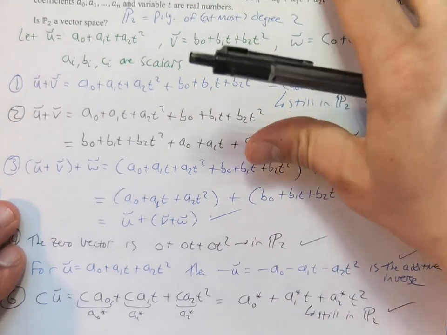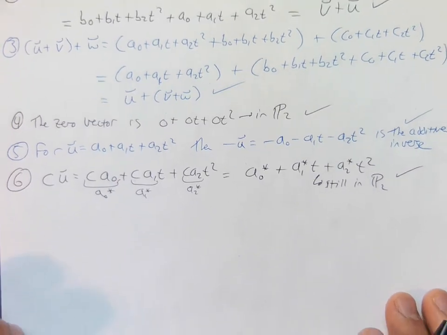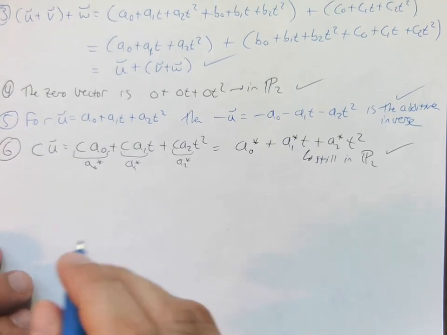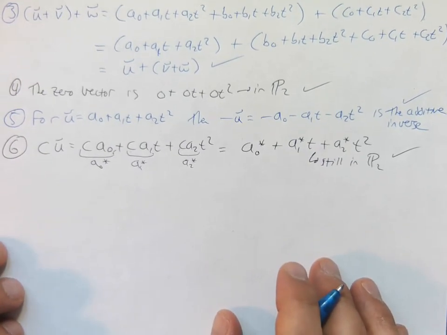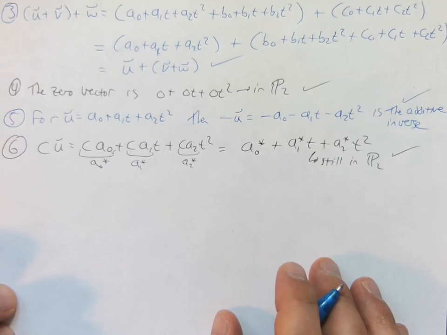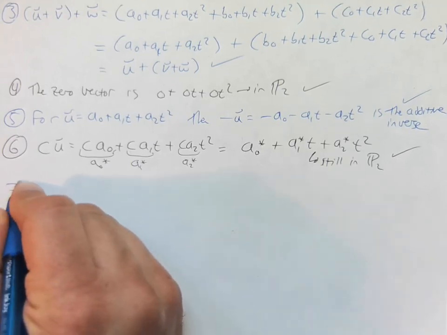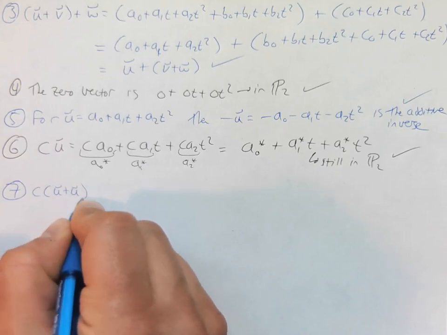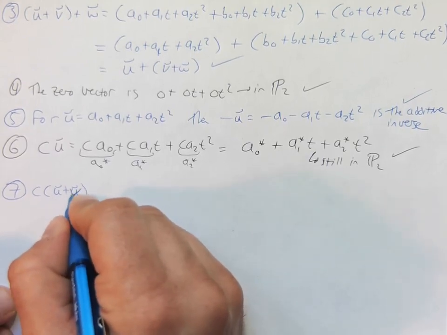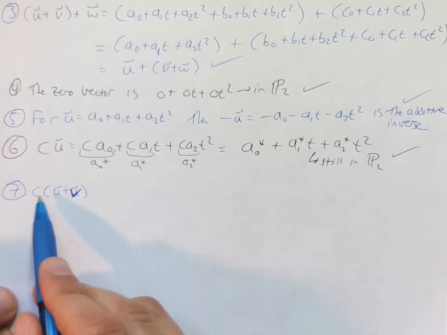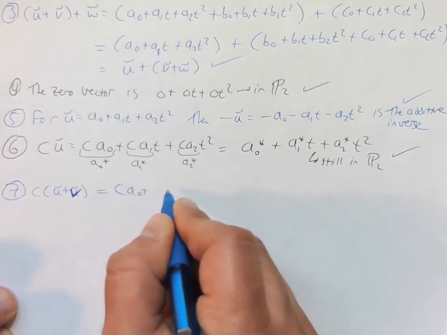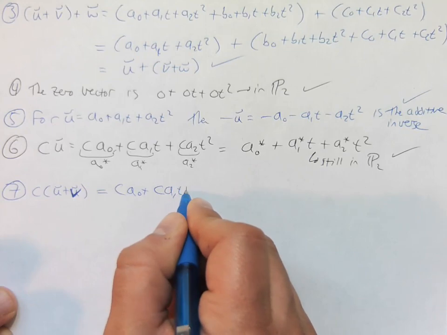I know these vector space things are a little bit tedious sometimes, but I do think it's worth showing a couple of them, especially an abstract one like this. 7 and 8 are the distributive ones here. I am going to not write out all the gruesome detail to save space here. We're running out of space. But the first one says we should be able to distribute, oops, that should be a v, a constant through the sum of 2 vectors. And we know that when we do that, it's going to end up looking like this.